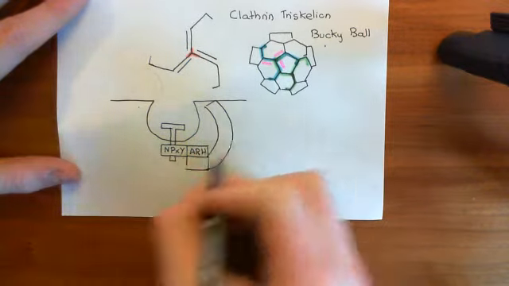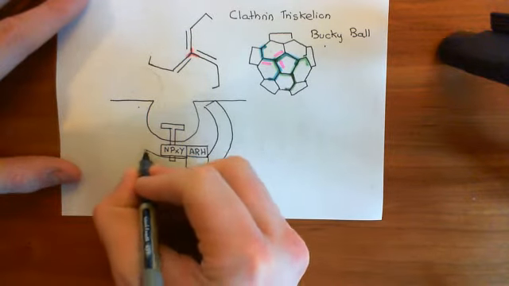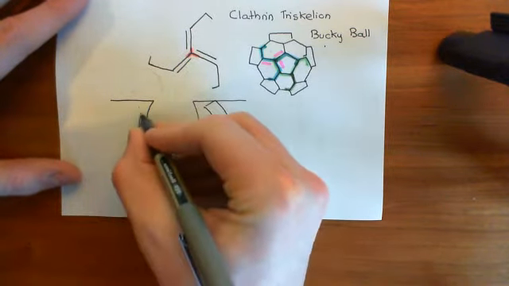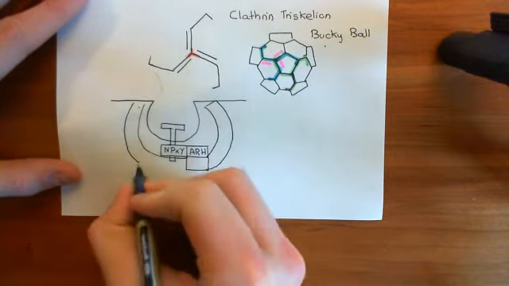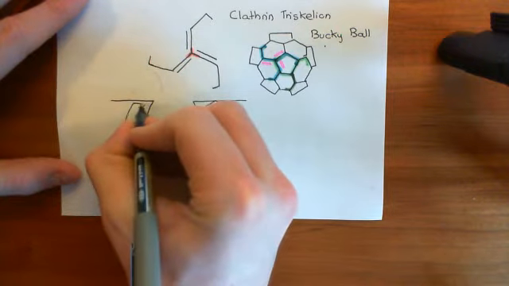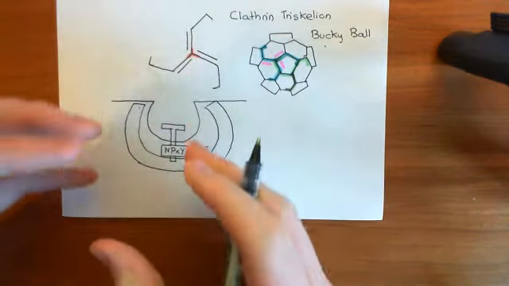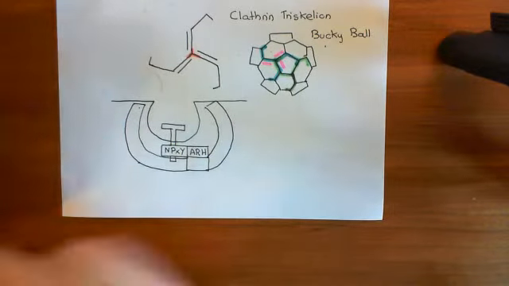Now I'm not going to attempt to draw the buckyball here, but what I will draw is this structure like so. So these are the polymerizing Clathrin molecules that are forming this sphere shape, which is now pulling the membrane downwards into this ball shape.